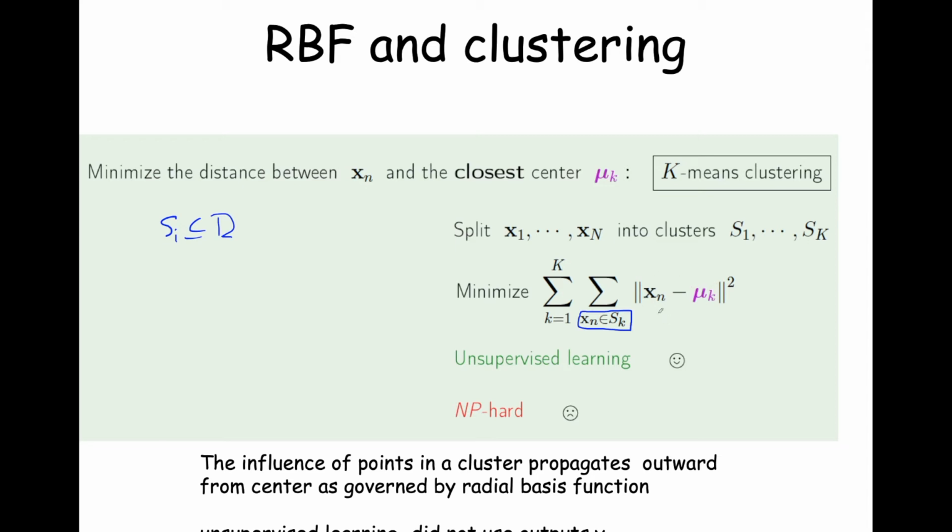So this is within, or you could also say about, the kth center. So essentially, we add up the distances between each data point within a cluster and the center for that cluster, and then we add that across all the clusters.